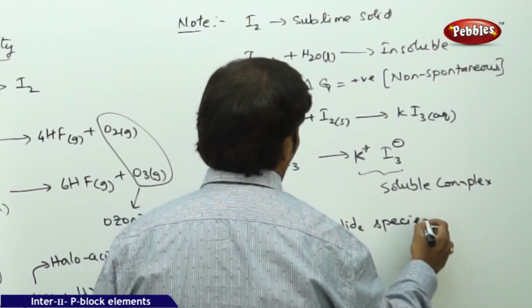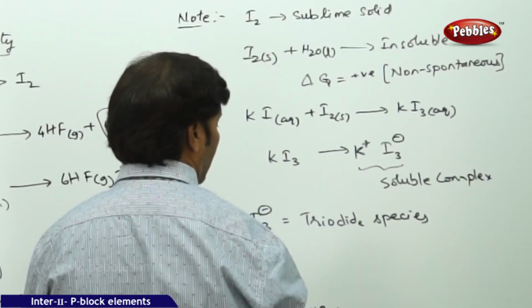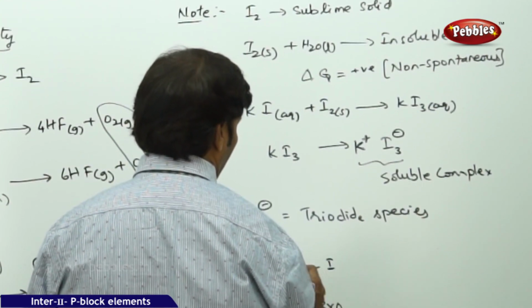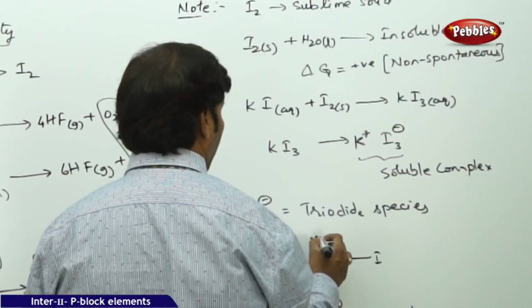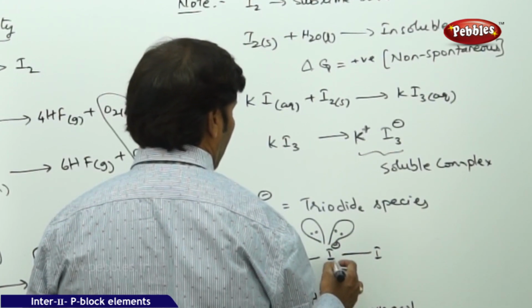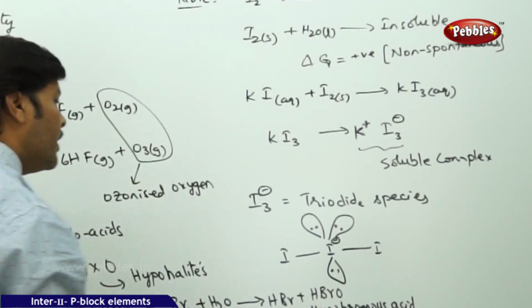If you take the structure of triiodide, you have 3 iodines in the same plane with a negative charge, and there are 3 lone pairs of electrons on the central iodine, and it undergoes sp3d hybridization.